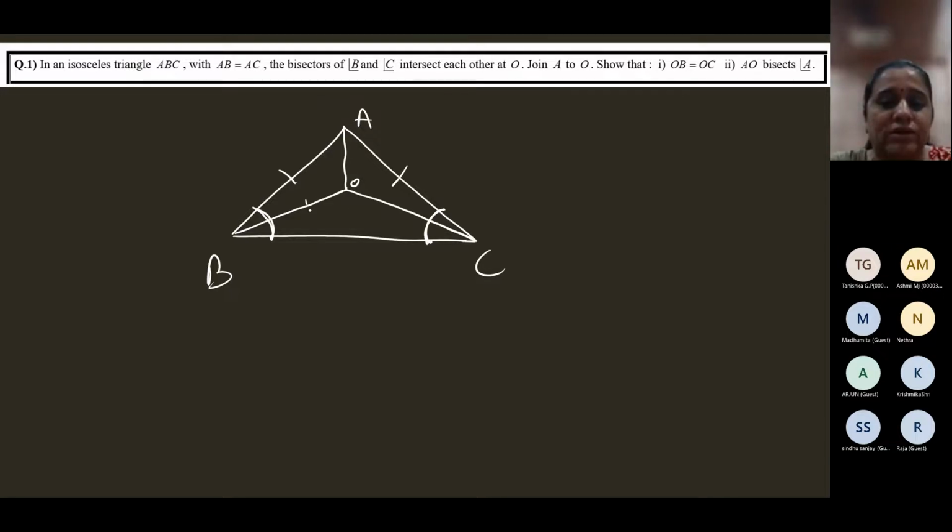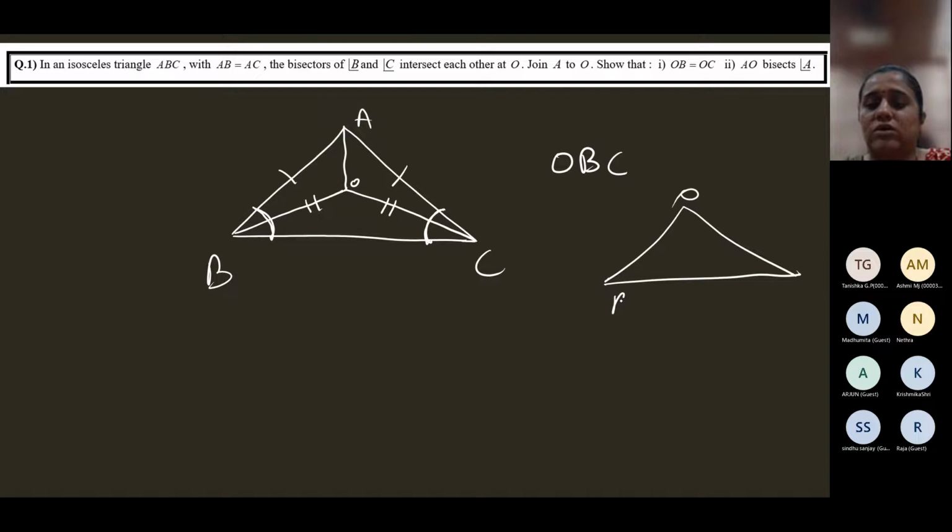See this one, this OB is equal to OC. Now, OB and OC are the sides of triangle OBC. So if you want to prove that two sides of a triangle are equal, let me mark this angle. Look at the triangle OBC alone.